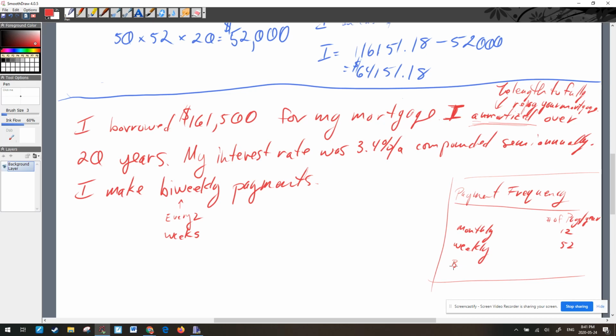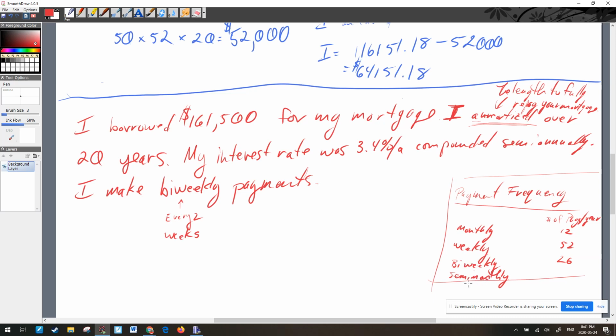If I do it bi-weekly, bi-weekly means I do it every 2 weeks. So 52 divided by 2 is 26. And if I do it semi-monthly, how many weeks are in a month? Well, there are 4. And so you might think, oh, so bi-weekly is the same.